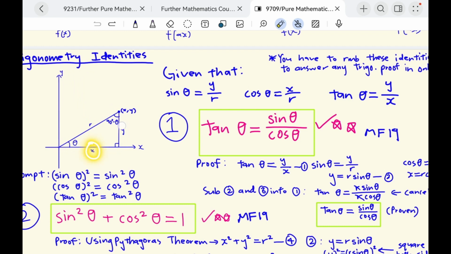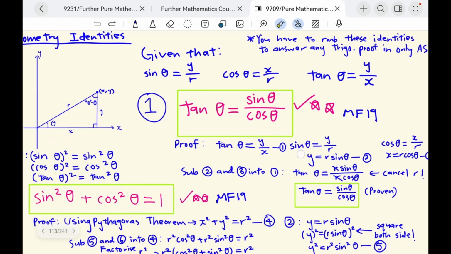And you have x, y, and r, where r is the hypotenuse, x is adjacent, and y is the opposite. This is the reference angle in the right angled triangle. So given that sine theta is the opposite over the hypotenuse, cos is adjacent over hypotenuse, and what about tangent? Tangent is opposite over adjacent.